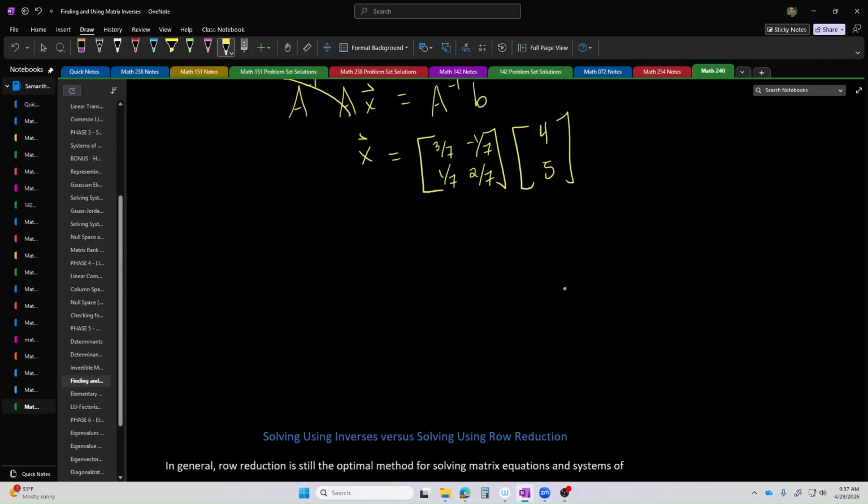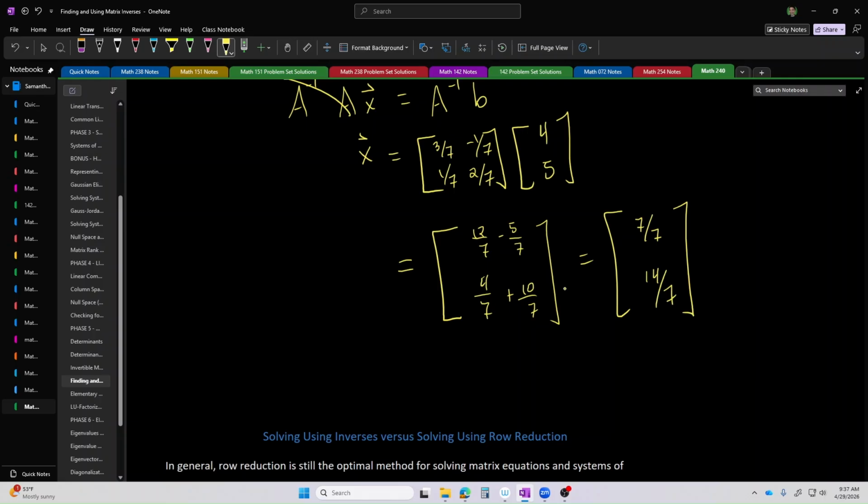If I go ahead and follow through on that matrix multiplication, the first entry would be 12/7 minus 5/7. The second entry coming from the second dot product would be 4/7 plus 10/7. So after simplifying those fractions, we get 7/7 in the first position and 14/7 in the second position, which simplifies to an answer of 1 and 2.